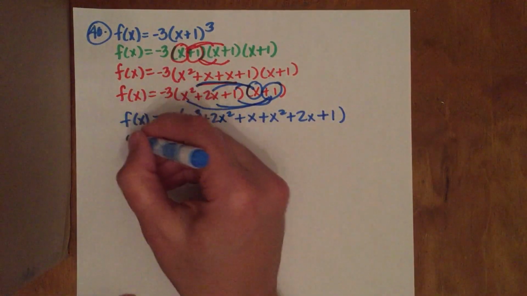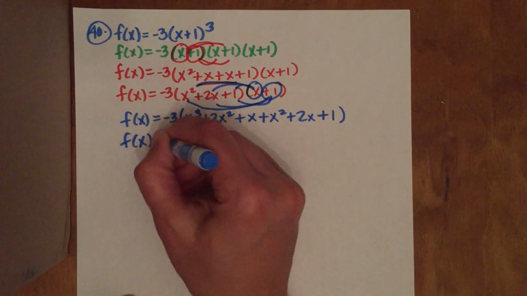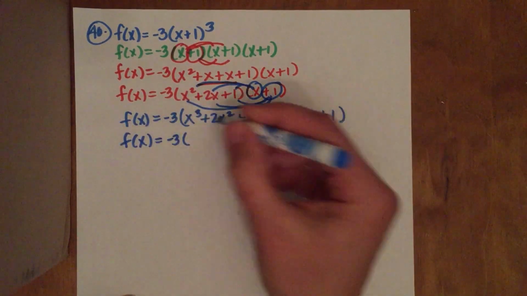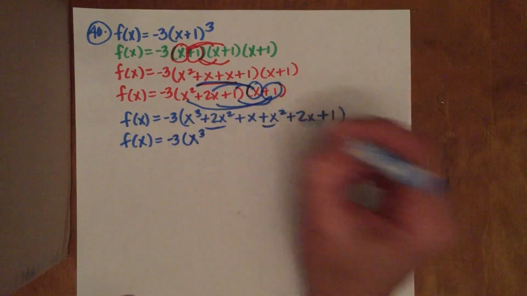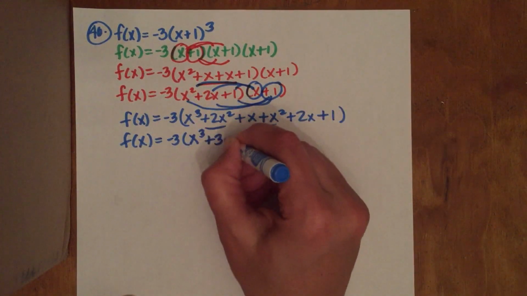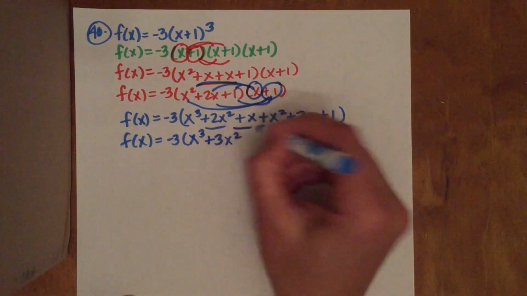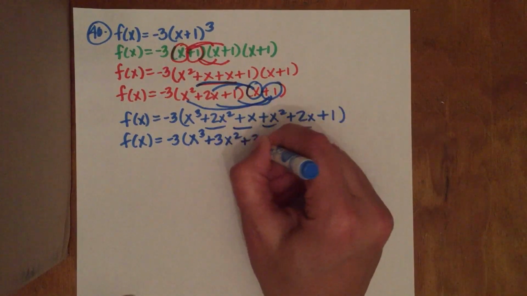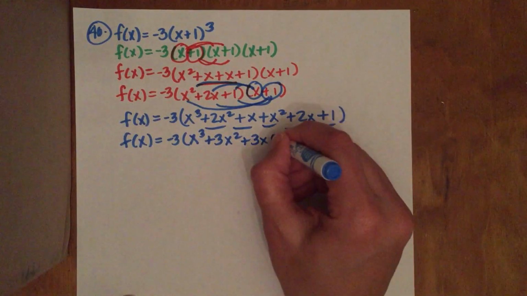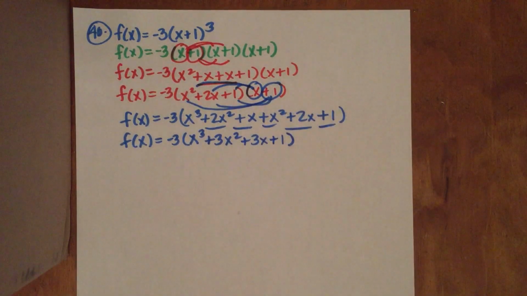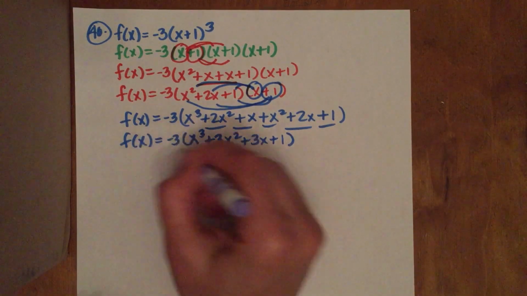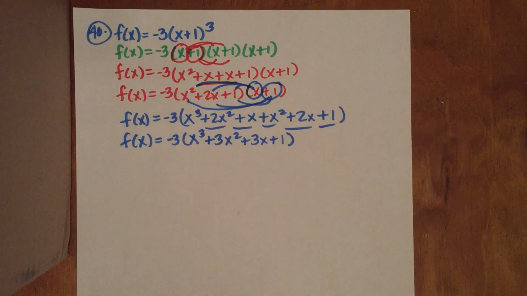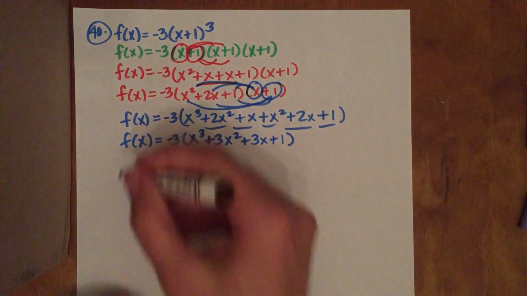Now I can combine like terms, as I always say, to make our life easier. So I have x cubed. I have 2x squared and x squared. That gives me 3x squared. And I have x and 2x, which gives me 3x. And I've got 1. So now my last step is to distribute the terms. So I'm going to distribute the negative 3 out.